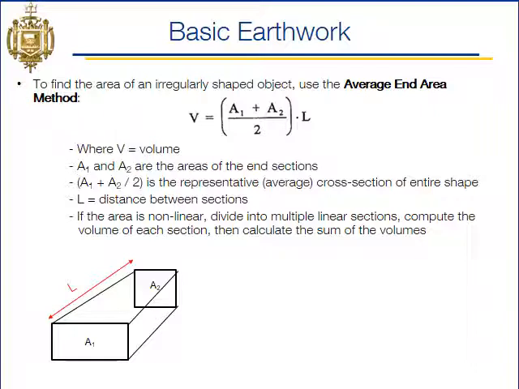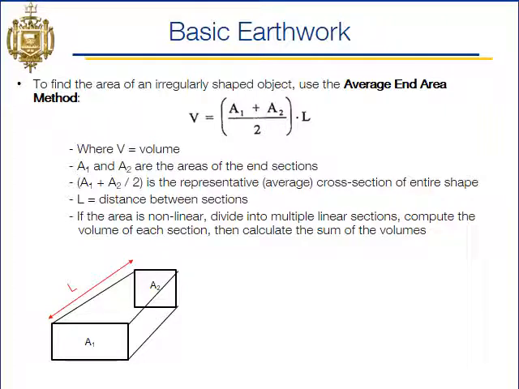All right, so now that we understand the relationships between the banked, loose, and compacted states, we're going to need to figure out how to calculate a volume of something in the ground, especially if that volume is non-linear like most things in the ground are. The way we do that is we use what's called the average end area method.